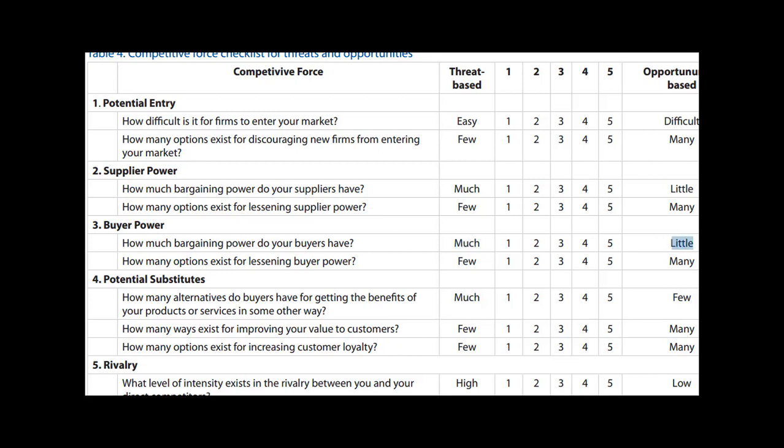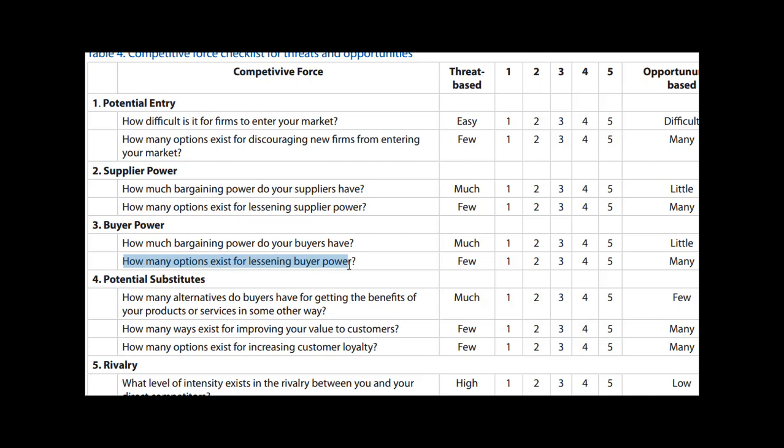But if it is little, whatever you are making is fine. If you are selling commodities, which are more or less the same product, their buying power is little. But if you're selling jewelry or other things which are unique, then your buyers have little power to negotiate.